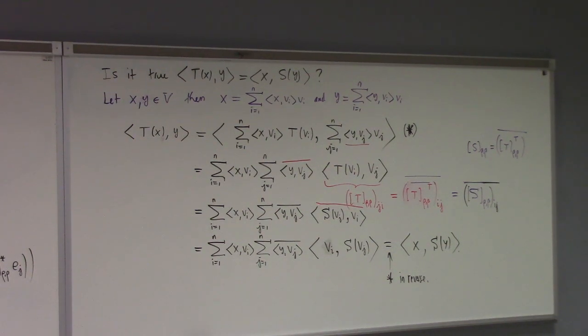And so that's actually the conjugate of the inner product of T of y with x, by the axiom of the inner product. And now we can use the defining property of the adjoint to trade that T for a T star: y with T star x. And then by the axiom again, we get T star of x with y. All right, so that wasn't bad. There you go, which is what we were trying to show.